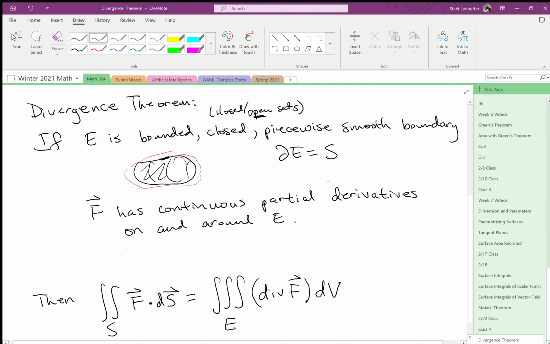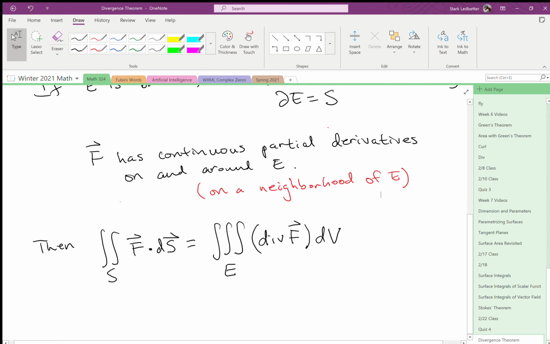F is nice on a region of three-dimensional space a little bit bigger than E. The technical term you'll see if you ever take analysis or read any serious math book is "on a neighborhood of E." That just guarantees that the calculus doesn't get really ugly or really wrong. We just want to make sure the statement of the theorem is true.